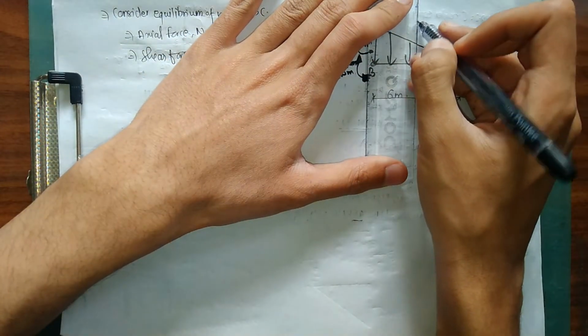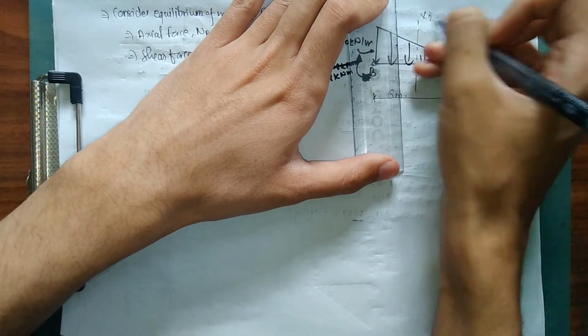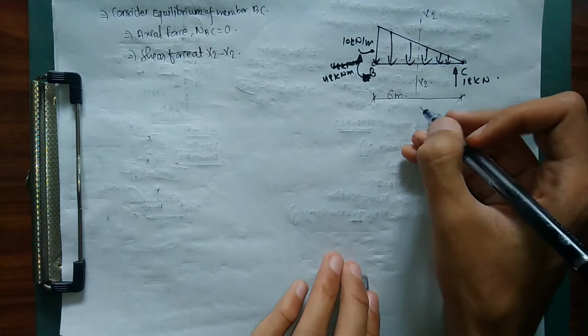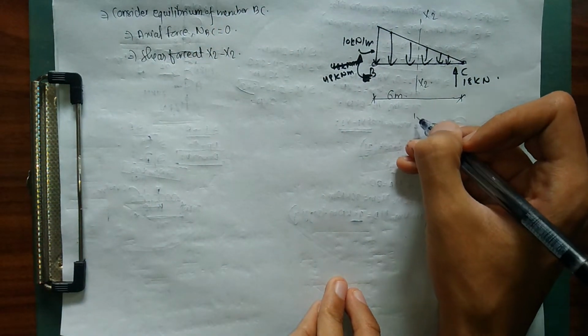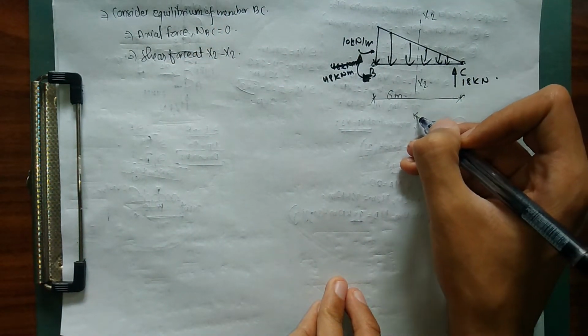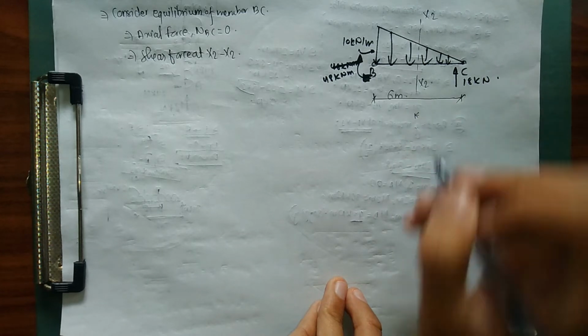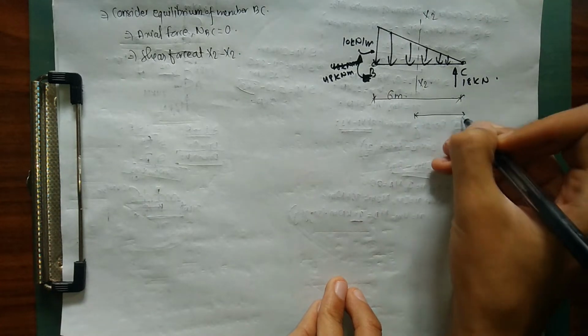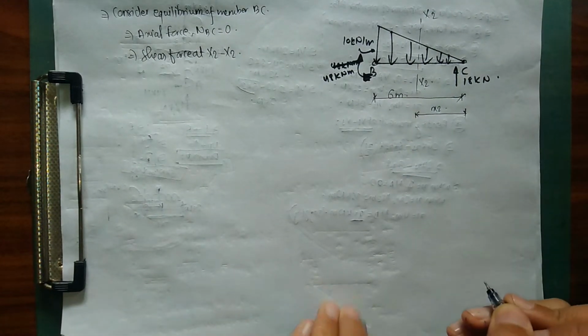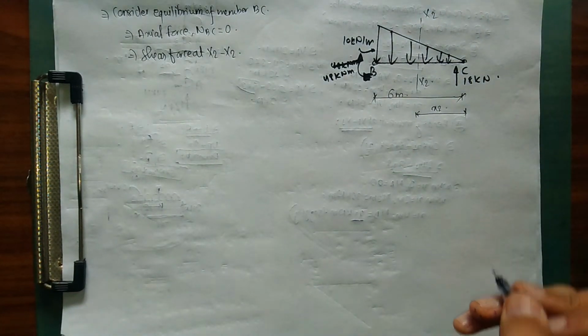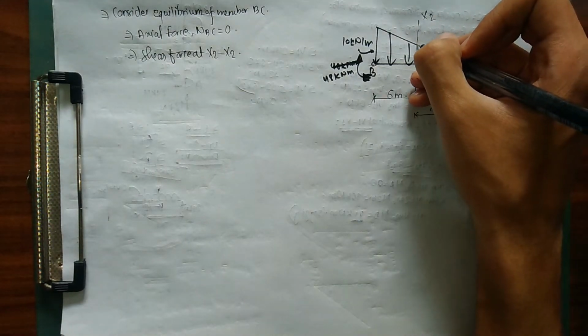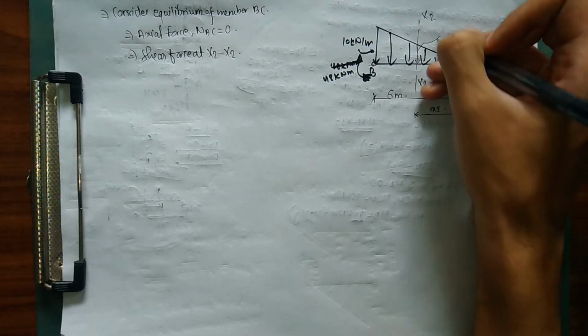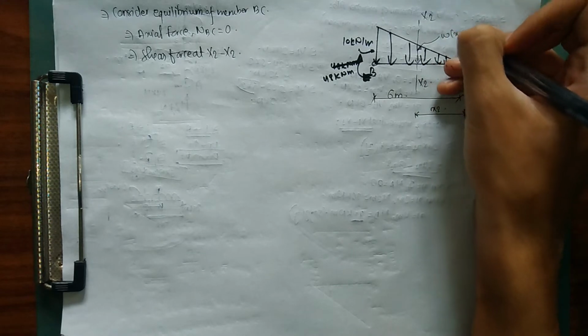So we're going to take a certain section x2. This is my section x2, and it is at a distance of x2 from my side C. Let me calculate the magnitude of the force acting over here as Wx.